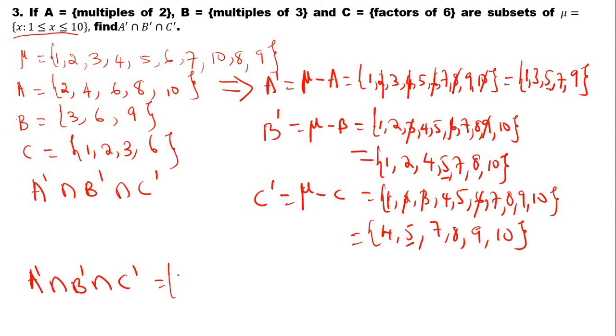That's the first element. Do we have any other? 7 is in the three. Okay, so we can pick 7. 8 isn't in A prime. 9 isn't in B prime. 10 isn't in A prime. So what they have in common are just 2 elements, and they are 5 and 7.